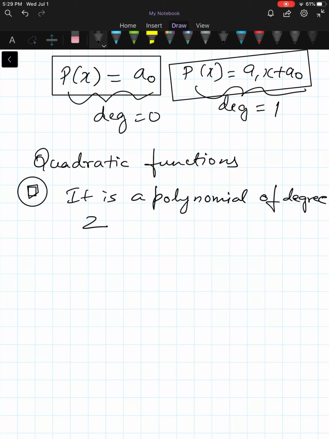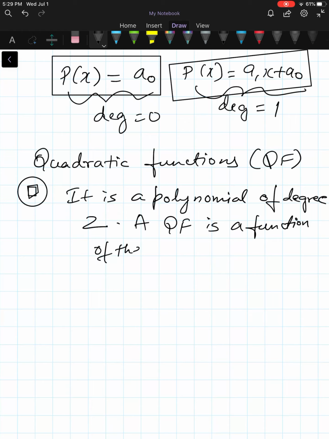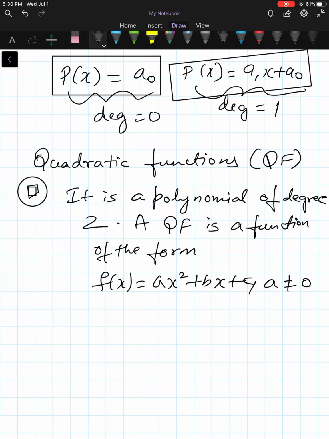So a quadratic function is a function of the form, I will represent quadratic function as QF, that is my abbreviation. So a QF is a function of the form f of x is equal to ax square plus bx plus c, where a is not equal to 0.